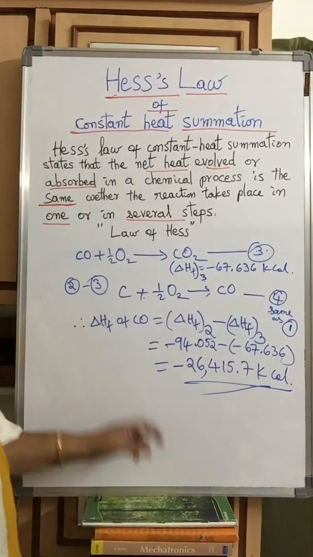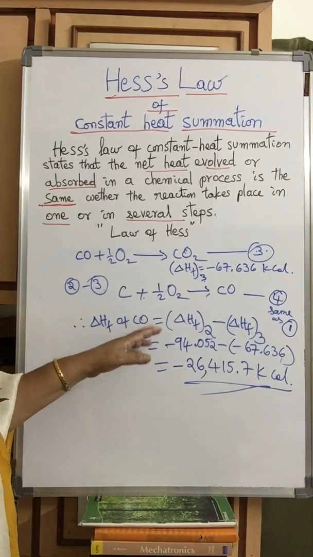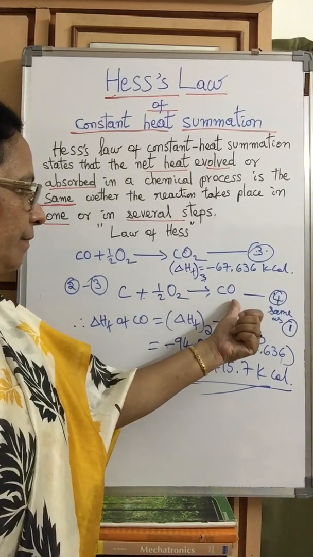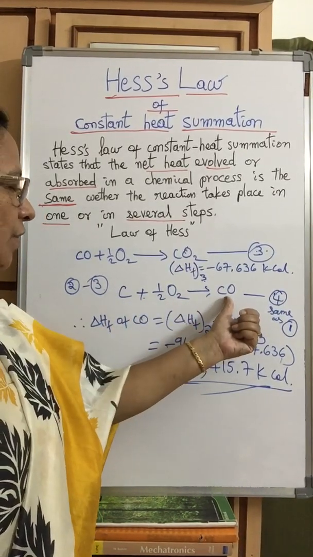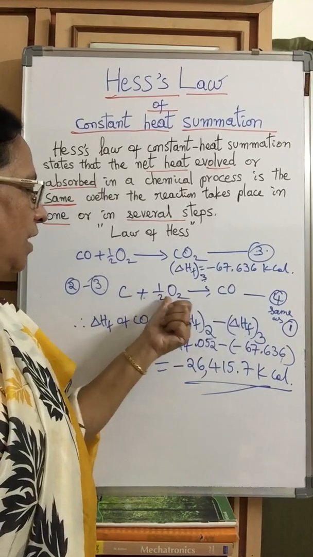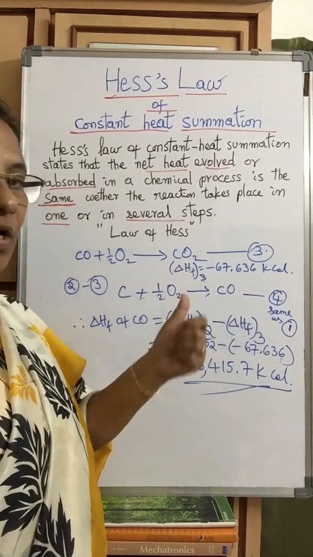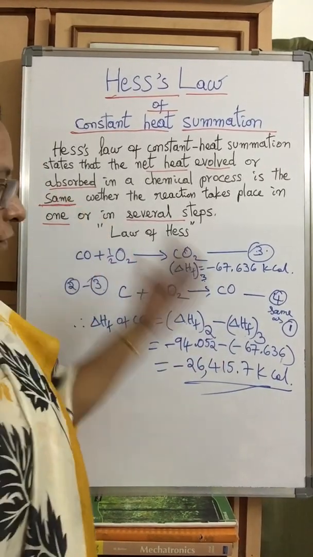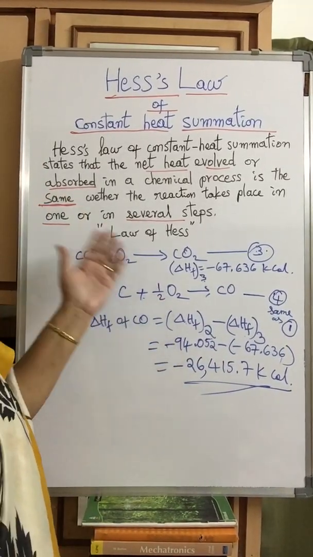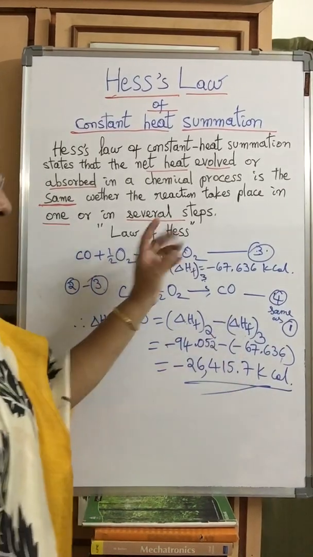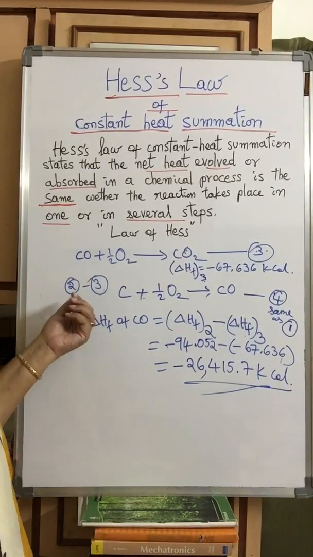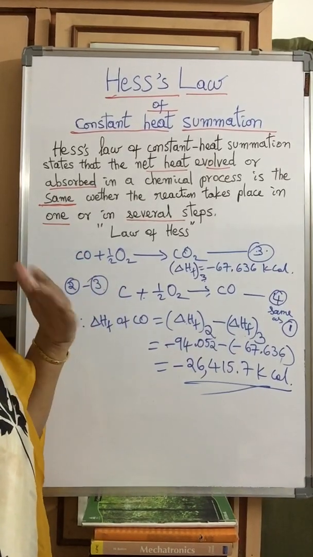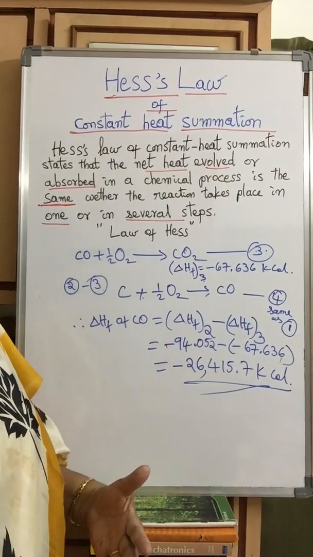So whether CO is formed in one step, C plus half O2 gives CO, or in two steps, that is equation 2 one step, equation 3 one step, and we do 2 minus 3, so it is forming in several steps.